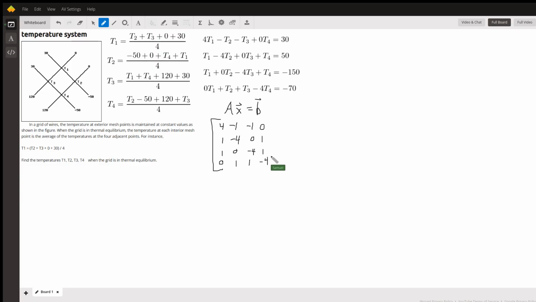The transformation matrix will give a result of 30, 50, negative 150, and negative 70.